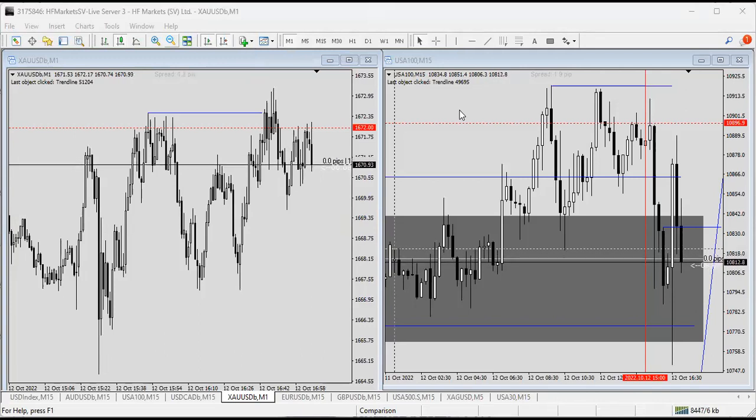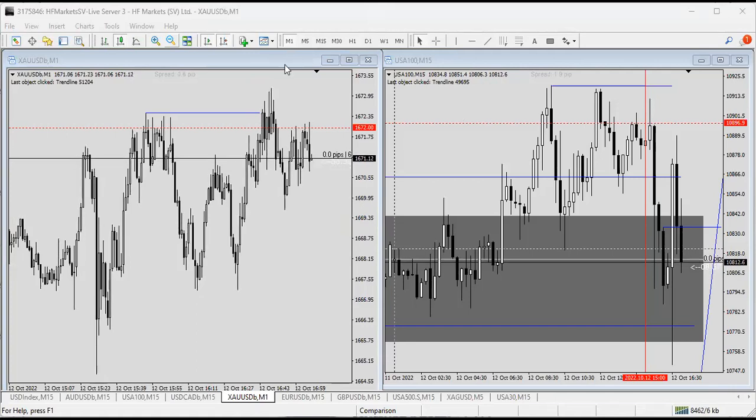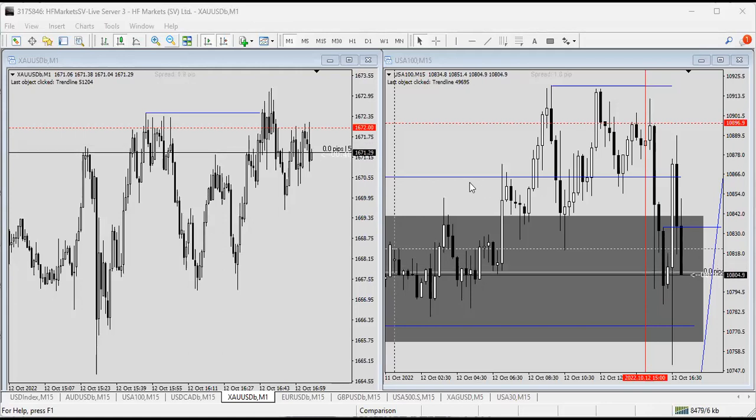All right, so basically 10 pips up on gold now. Basically there. And we only needed 20. Same broker. So you see how the NAS buy that we thought would fail is actually failing?